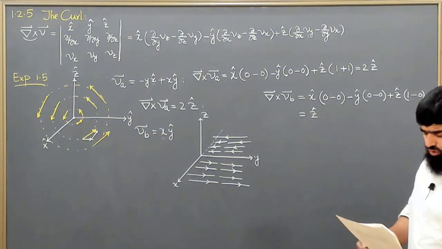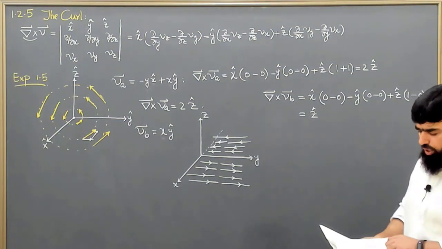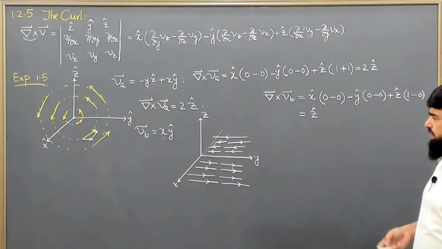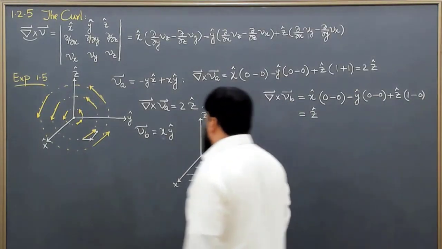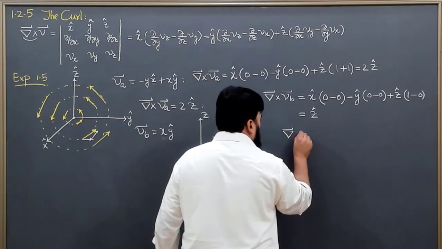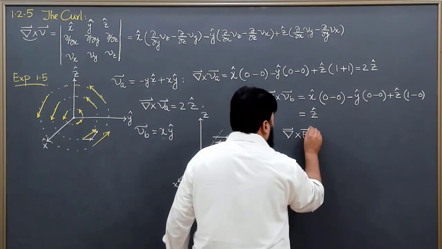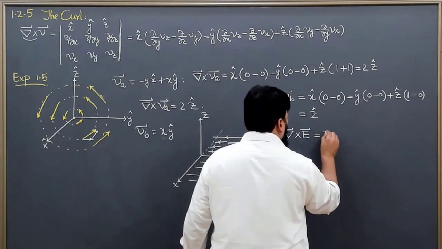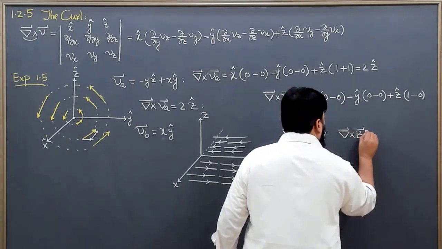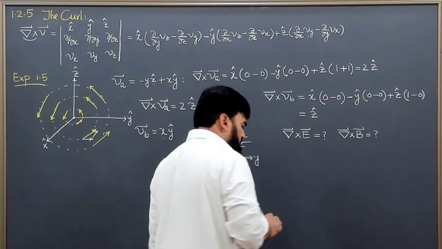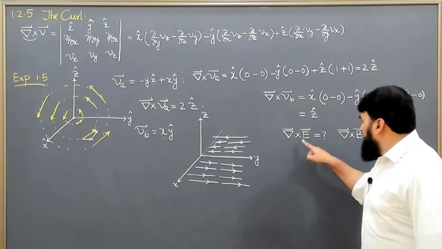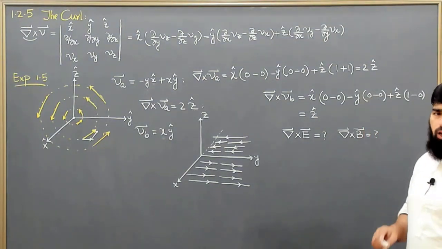Now the curl is very important from the point of view of electrodynamics, because from the curl we are having two very familiar curls, the curl of E and the curl of B, a curling electric field and a curling magnetic field. What will be those curls? And keep in mind one thing, in both of these the charge will be in motion.